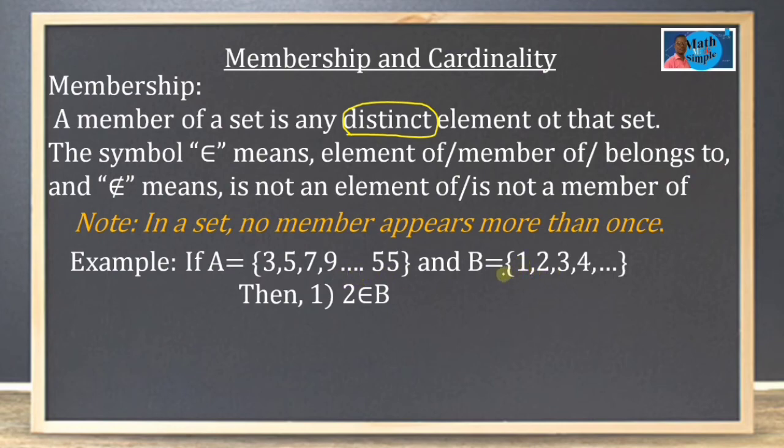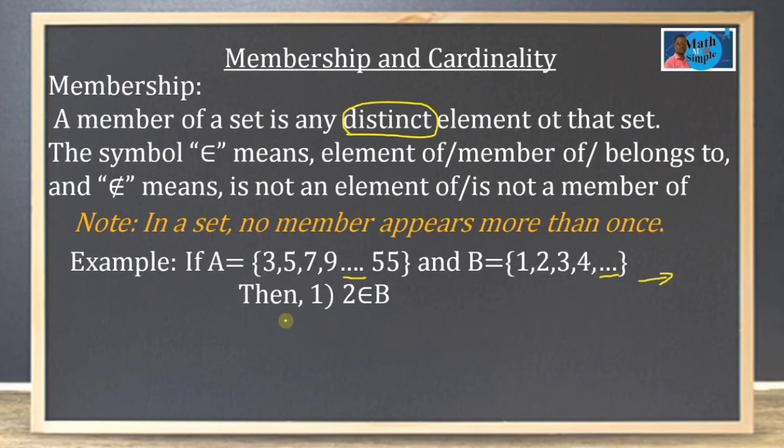And then here we have 1, 2, 3, 4, with no other number appearing. So this indicates that it is continuous. It has no end. The first one continues from 9 until it ends at 55. But for this, there is no end. So it means it continues all the way. Now what do the 3 dots here represent.